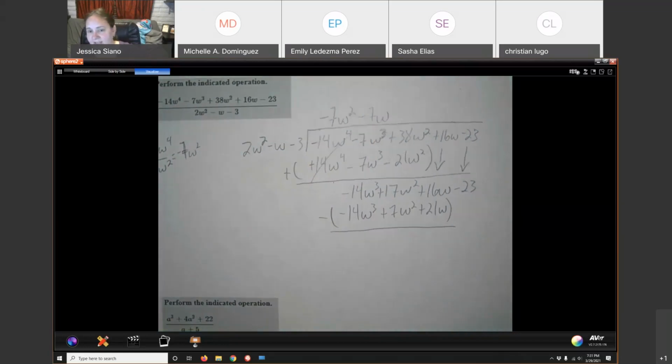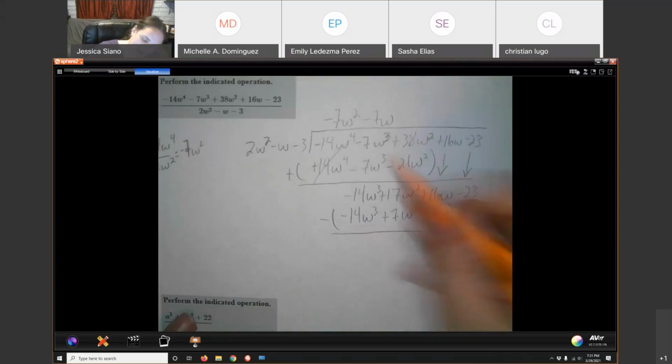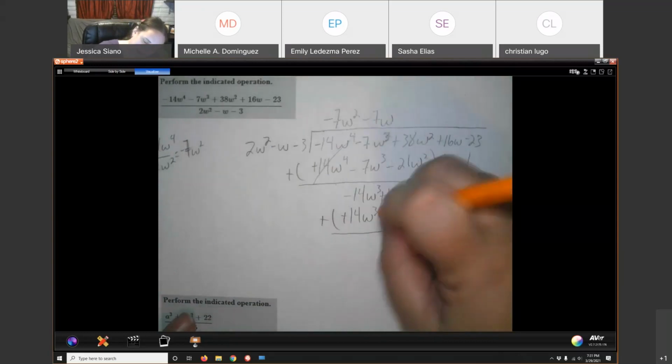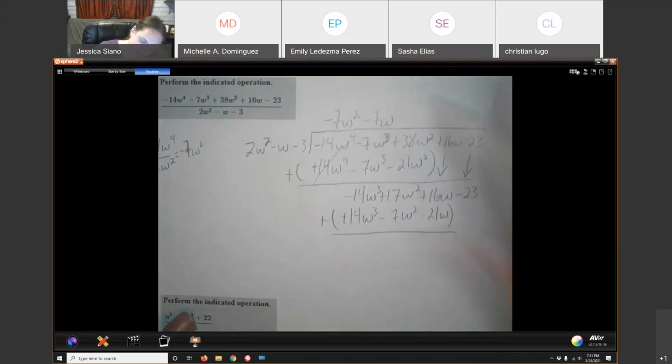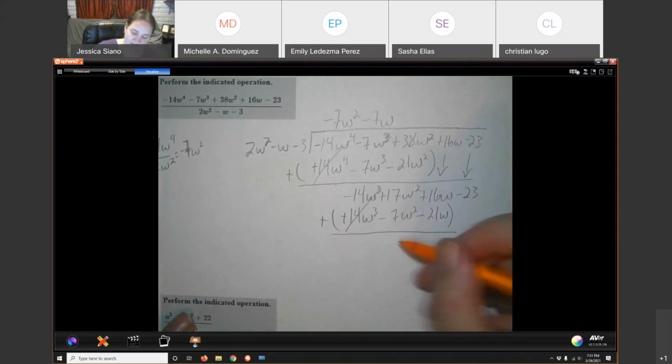Now when we subtract, let's distribute that negative, so change everything's sign. Again, your first term cancels. 17w squared minus 7w squared is 10w squared. And that's going to be a minus 5w.